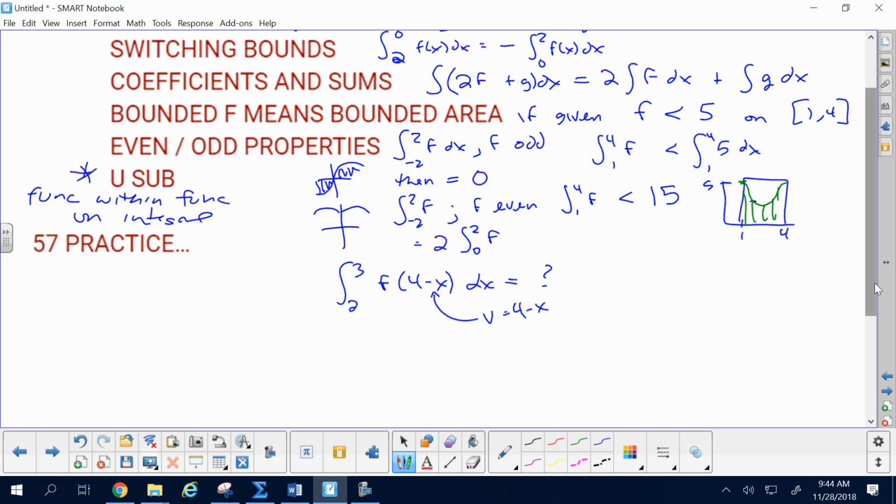And then you'd be very careful about finding the du, which would be negative dx, and then isolating dx, because I don't have a negative dx, I have a dx, so you would have to move the negative over. And then you would also have to change the limits of integration to fit the u. Right? Now that's all U sub skills, which I'm about to talk about next.